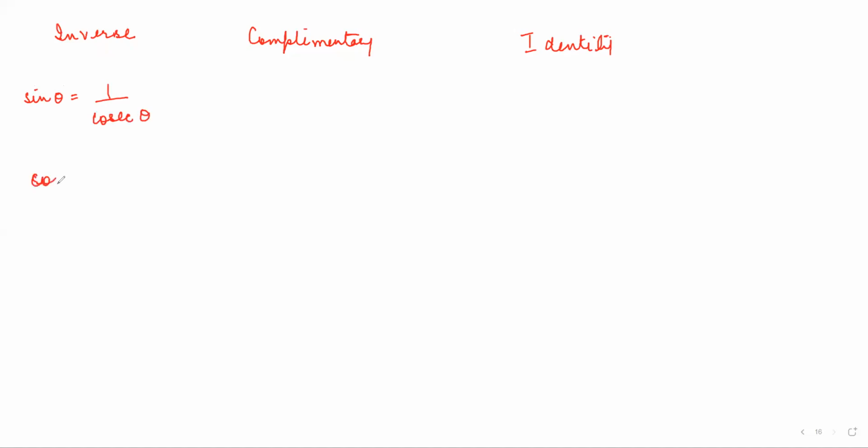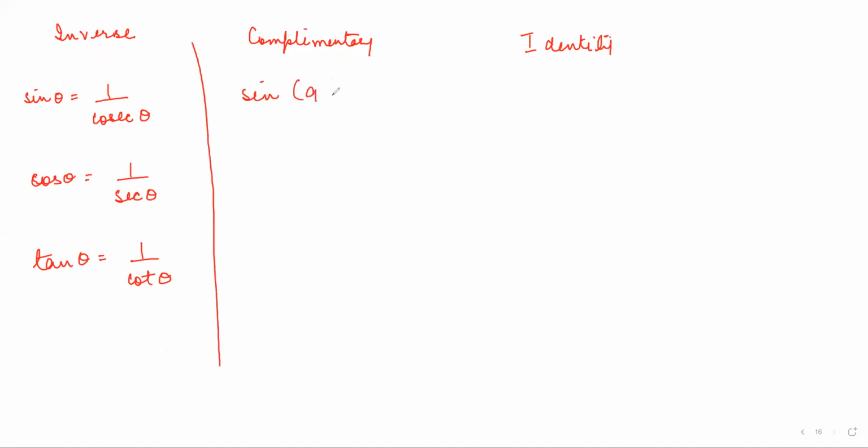Then cos of theta is 1 upon sec of theta, and tan of theta is 1 upon cot of theta. So these are the inverse relationships between trigonometric ratios. Now complementary. If you have sine of 90 minus theta, that becomes your cos of theta. So sine and cos are complementary. Then if you have tan of 90 minus theta, that becomes your cot of theta. So they are complementary. Am I right?